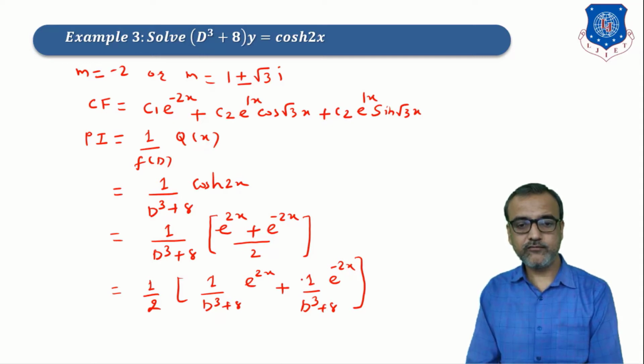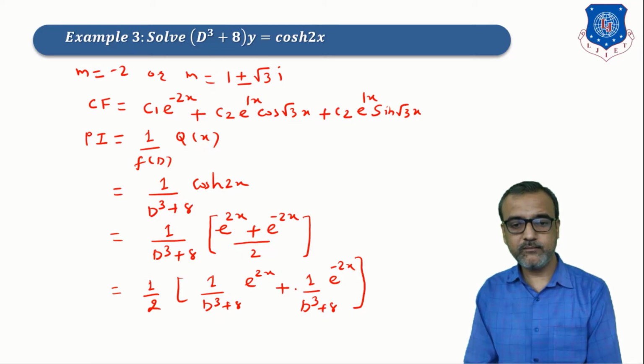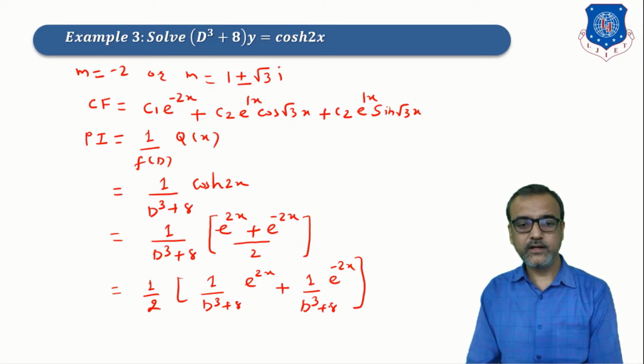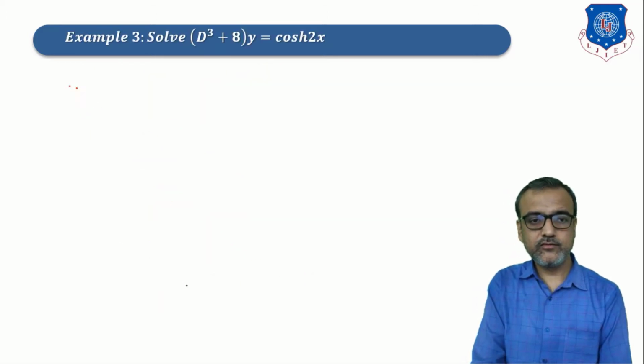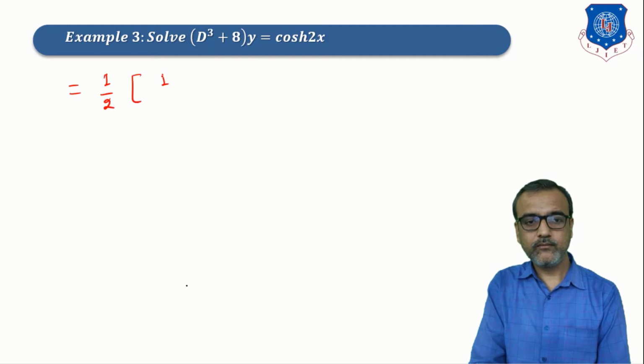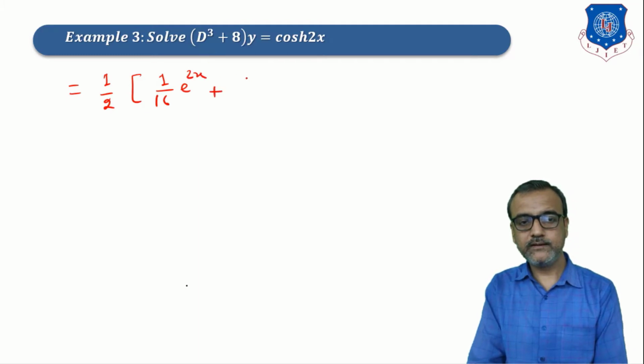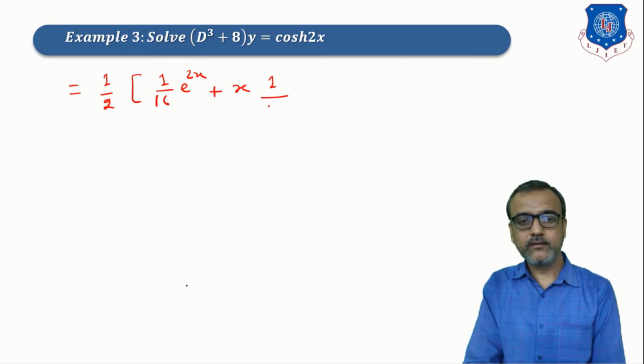So here what we will do is multiply the result by x and differentiate D cube plus 8. So this is equals 1 upon 2, 1 upon 16 e raised to 2x plus, multiplying the numerator by x, 1 upon the derivative of D cube plus 8.